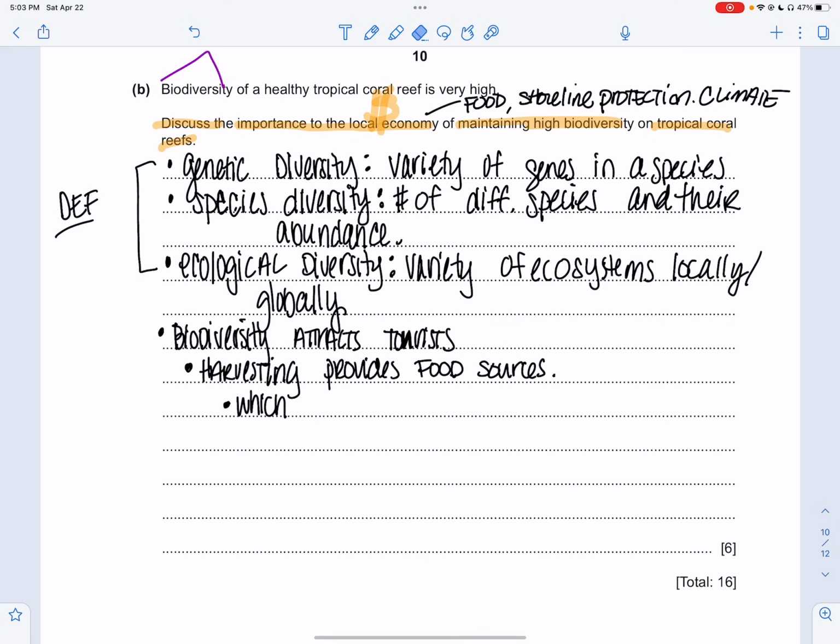Which can increase employment for locals. Okay, if tourists are coming there spending their money, there's good restaurants, there's good food sources, there's some ecotourism going on and things they can do in the environment.